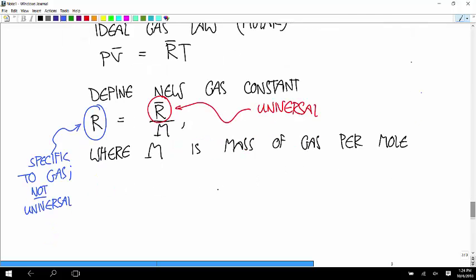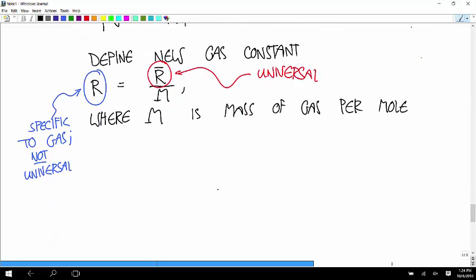But if you do this, you get the equations that we are going to use. The first one is that P, specific volume per mass, is equal to this RT. That's going to be the form that's useful to us.